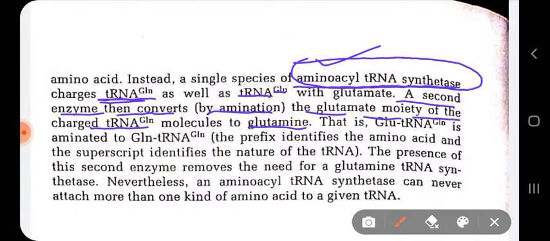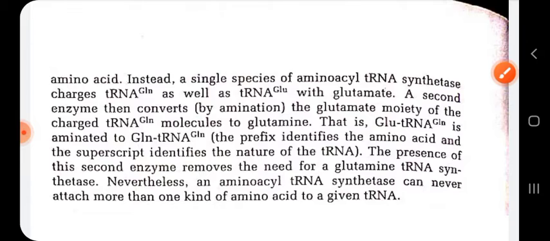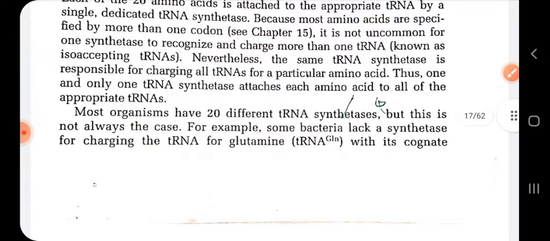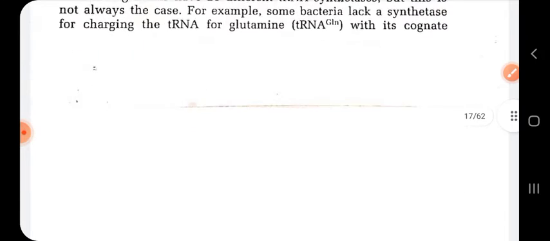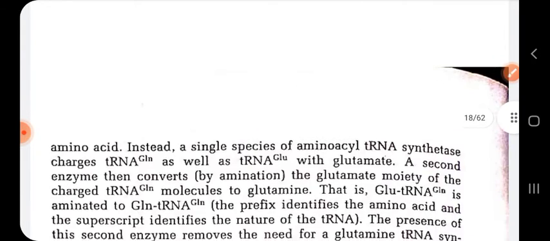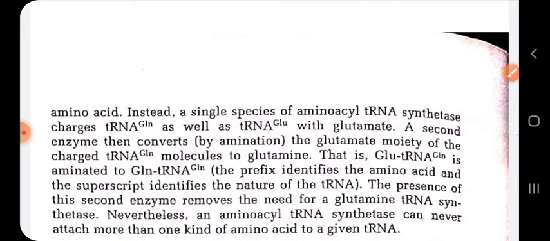So first, this amino acyl tRNA synthetase is responsible for charging tRNA with glutamate, but it also charges tRNA with the glutamine amino acid as well. How is it possible? Well, first the amino acyl tRNA synthetase charges that tRNA with glutamate.